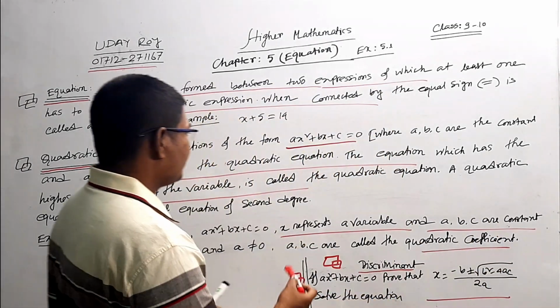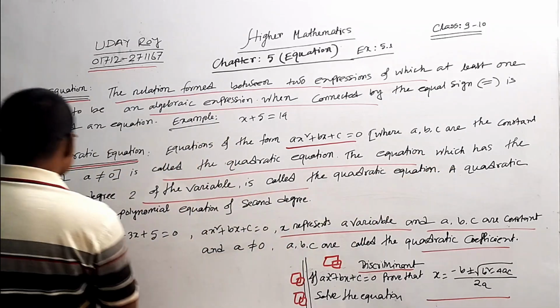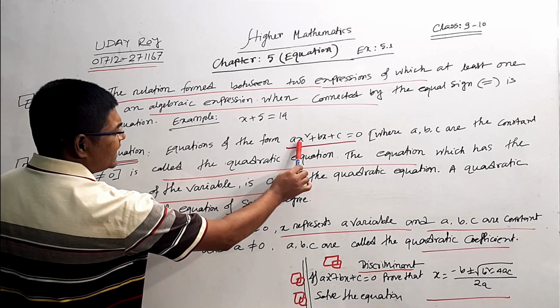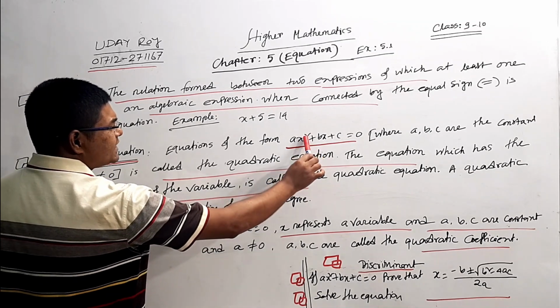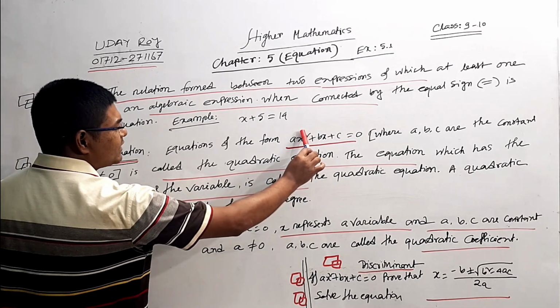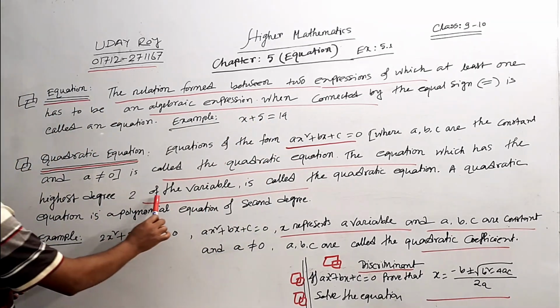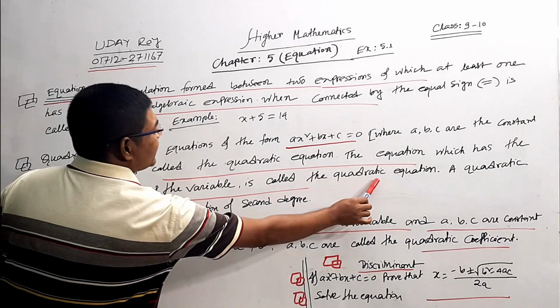So you can say the equation which has highest degree 2. Here is ax square, here is 2. Here is x square, that means this is a second degree equation.